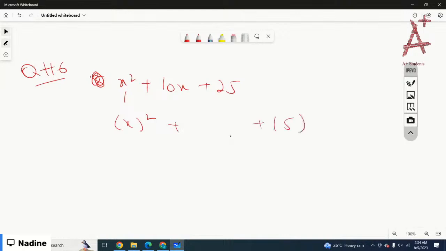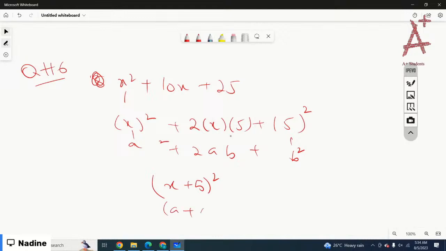This one is the square of 5. Then that would be 2x and 5, 2ab. That is a, that is b, and that would be 2ab. So whenever you have something like this, a square plus 2ab plus b square, you can write them as a plus b whole square. That is x plus 5 whole square.